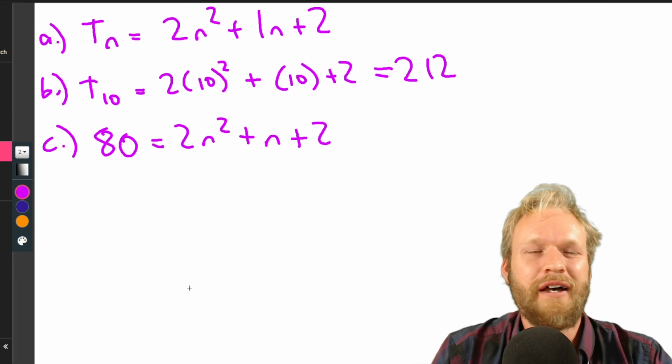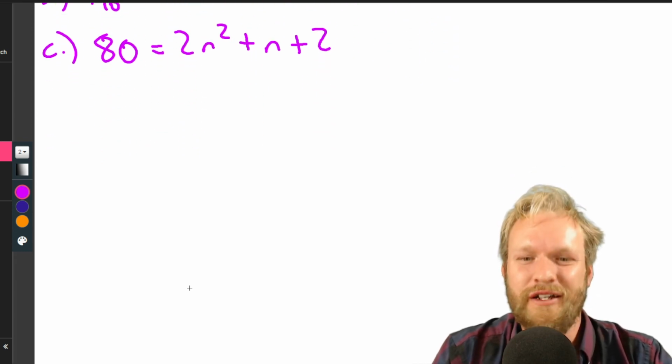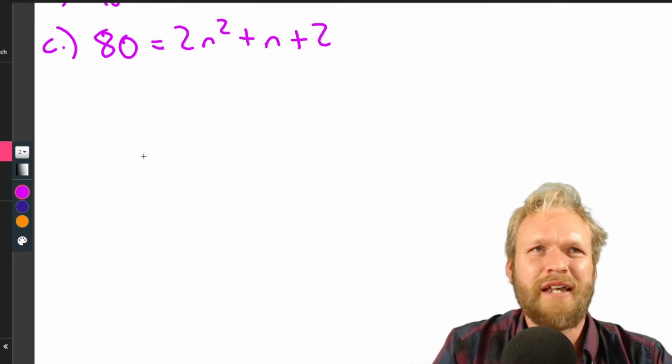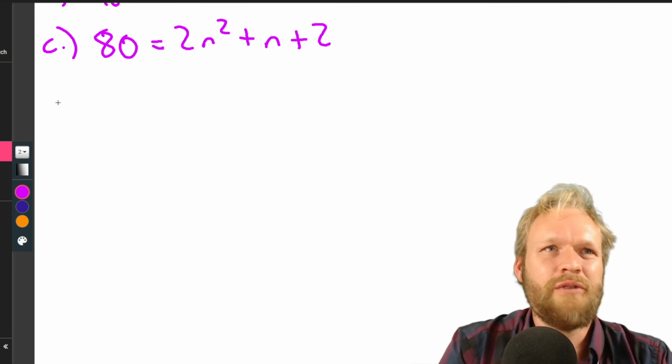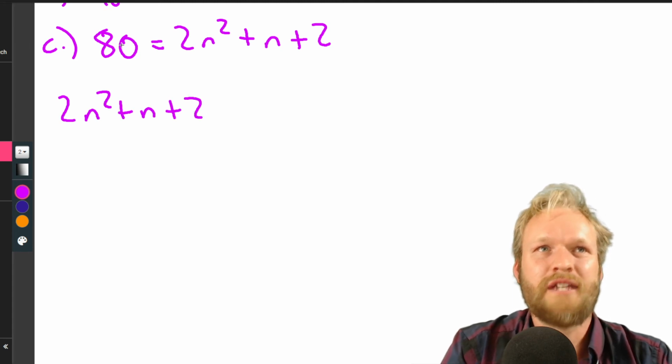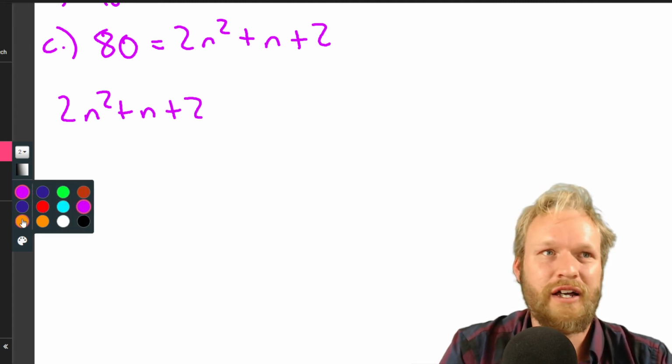And from here, good old factorization and solving quadratics, which you've done in the first term, comes in handy. And we go, okay, well, we can rearrange 2n squared plus n plus 2. Subtract 80 from each side of our equation.